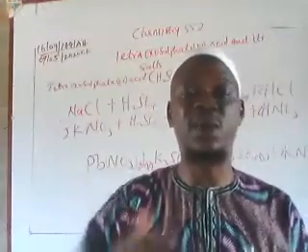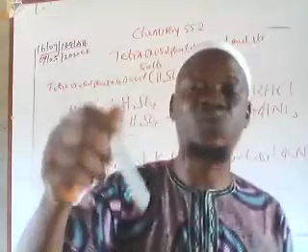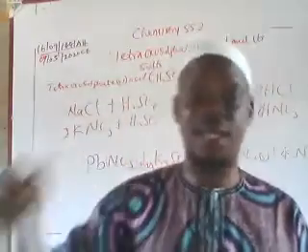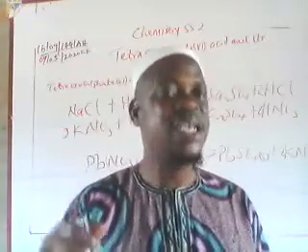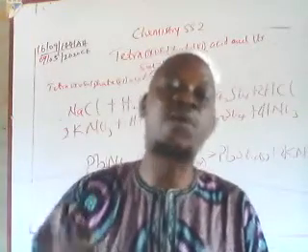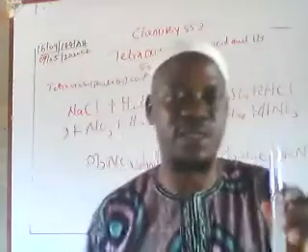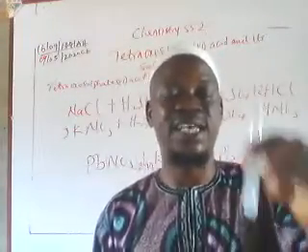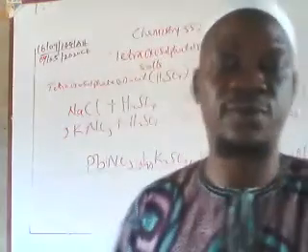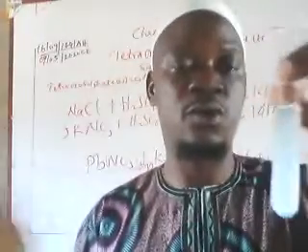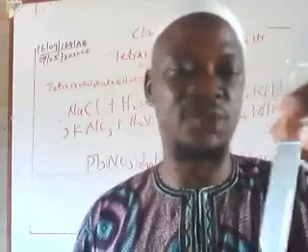Because if it is either of the other two types of ions, the white precipitate would have been dissolved immediately by the hydrochloric acid in the mixture. Another way is that if you add hydrochloric acid first before you add barium chloride and a white precipitate is formed, it also indicates that the solution contains tetraoxosulfate 6 ion. No controversy, it's confirmation. So I want to believe that you have mastered today's lesson.